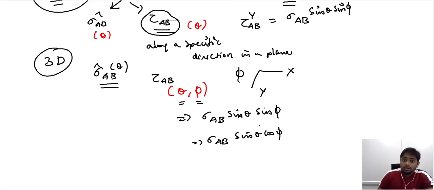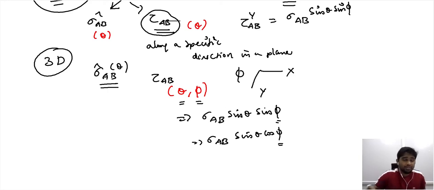Now, by varying the phi angle, we will be able to describe any direction within the given plane. So the theta is fixed, and by varying the angle phi, we will be able to describe the stress along any given direction.